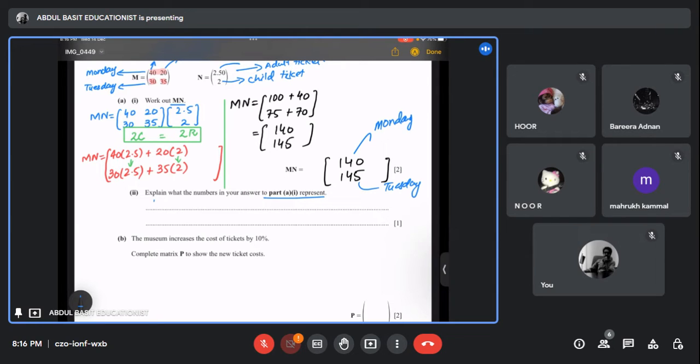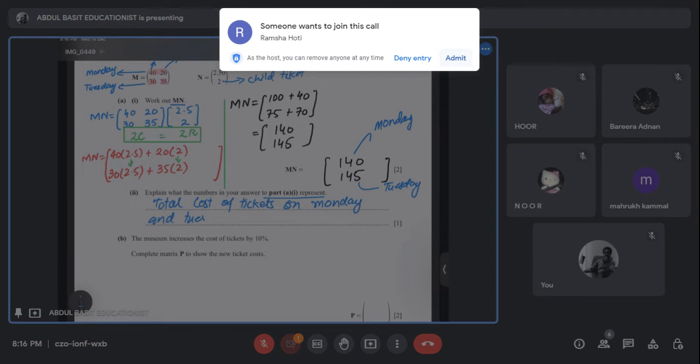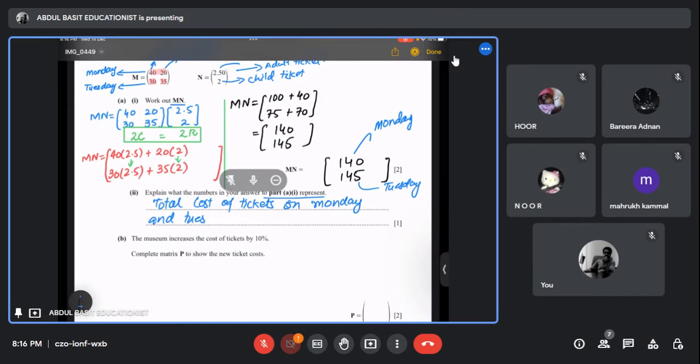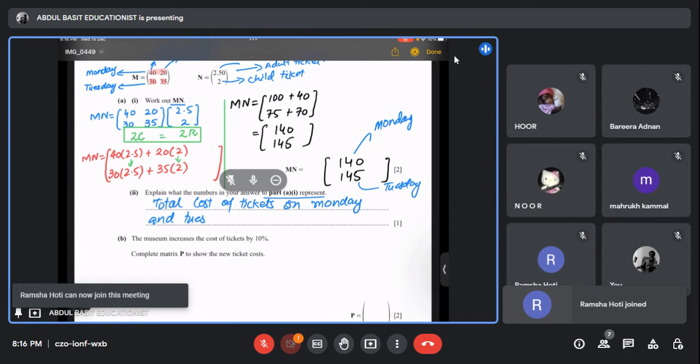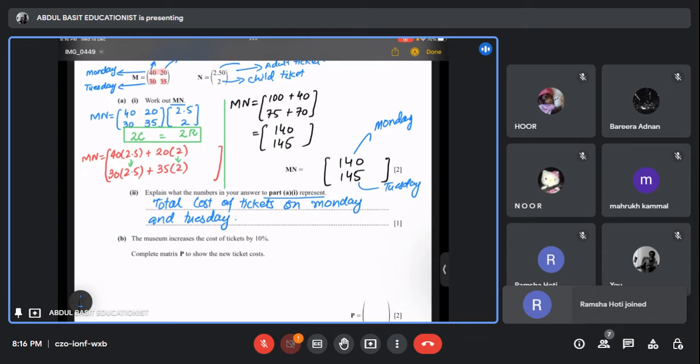So we can write the total cost of tickets on Monday and Tuesday. So that's the point where you will get 3 marks from the examiner.